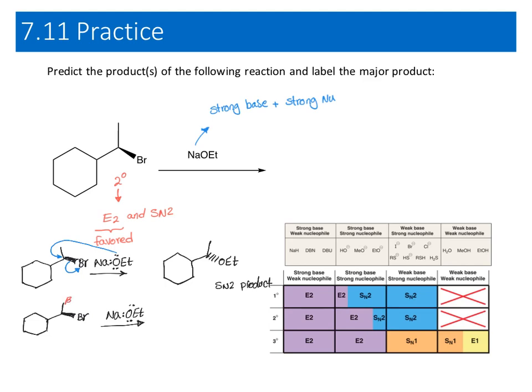This is 1 and this is 2. Therefore, if I remove the beta proton from this beta carbon, I'm gonna get this product.